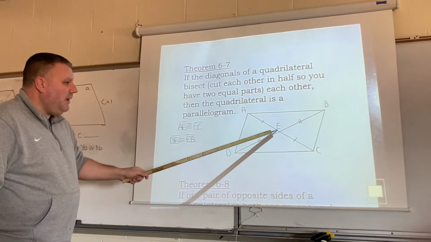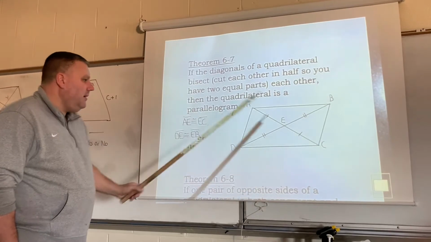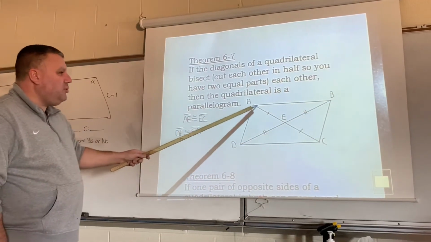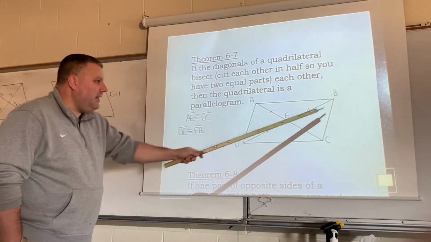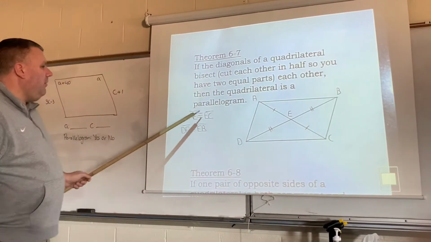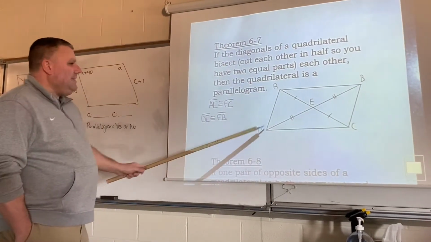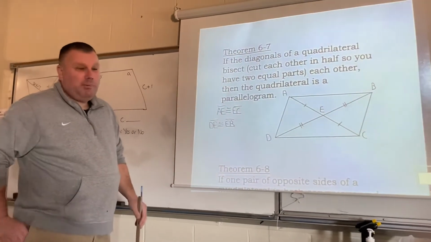When they cut each other in half, that means AE is equal to EC and DE is equal to EB. There's no relationship between AE and DE. It only cuts each other in half. So that's why I wrote here that AE is congruent to EC and DE is congruent to EB. Now this will require some math. Again, we'll do a problem with this in a minute.